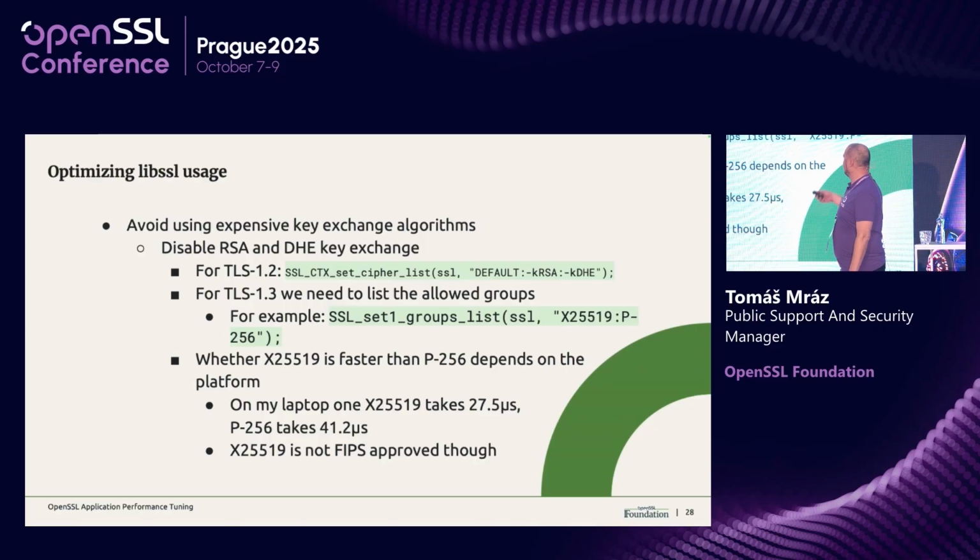For TLS 1.3, of course, this set cipher list call won't affect it, so you need to explicitly set the groups that you want to use. So you can select that you want to use X25519 and P256.